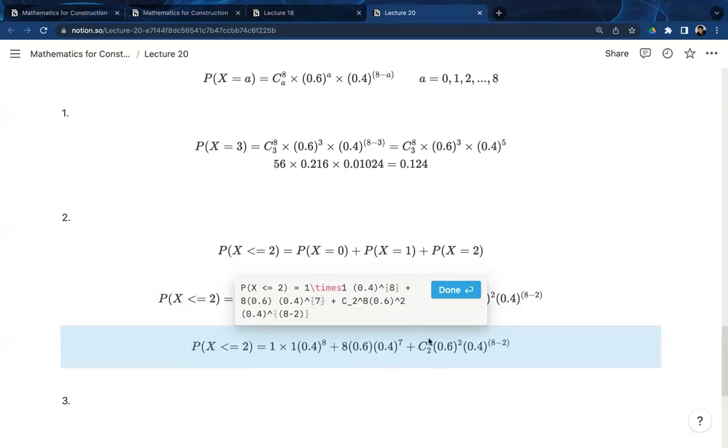And 8 choose 2 is 8 factorial over 6 factorial by 2 factorial. So 6 factorial will cancel to give 7 by 8 divided by 2. That's 7 by 4. So there are 28 ways. And this is to the power 6.